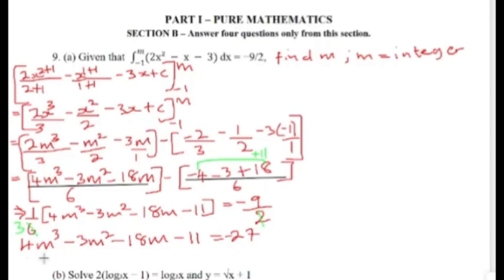So finally the polynomial is 4m cubed minus 3m squared minus 18m, then minus 11 plus 27, which will give us plus 16. Everything is equal to 0. So all we need to do is to find the integer solution for this polynomial. We can do that using the factor theorem.